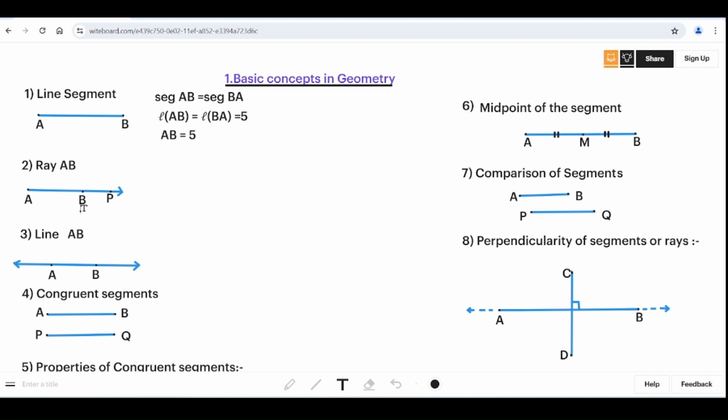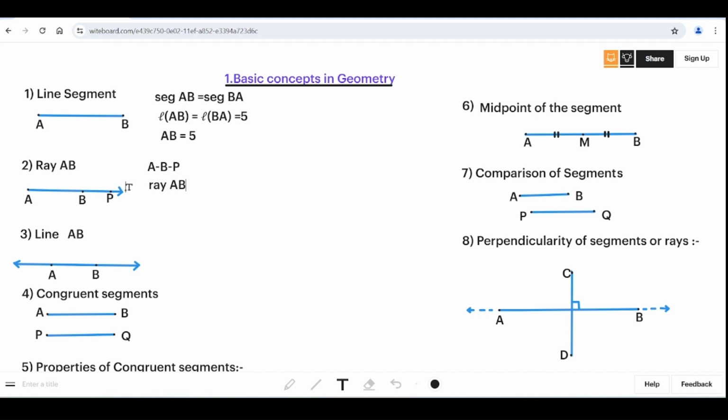But we have one more point P, external to the segment AB, meaning outside of the segment AB, but in such a way that A-B-P, meaning B is between A and P. Then we can say that this is called ray AB.